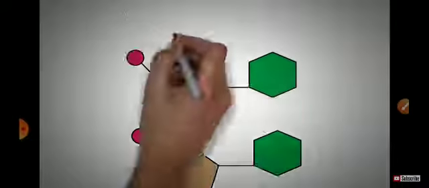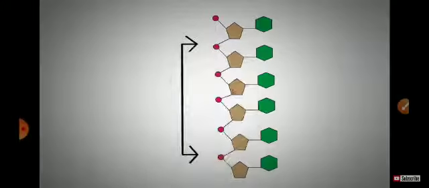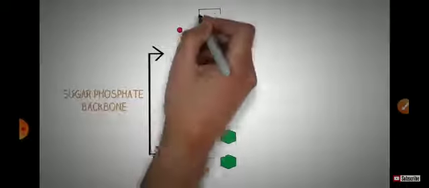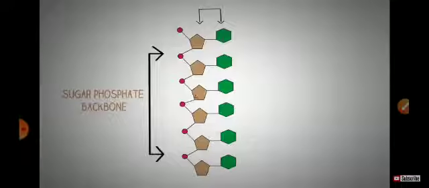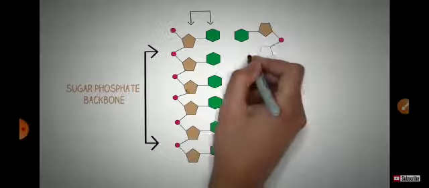So here we can see that a phosphodiester bond is established between the 3rd and the 5th carbon atom, and therefore it is referred to as the 3' 5' phosphodiester bond. The sugar phosphate forms the backbone, and they are linked with the help of phosphodiester linkage.